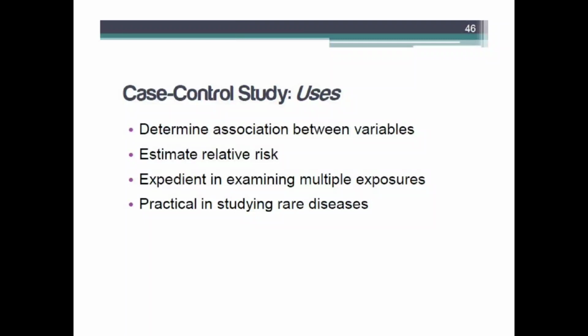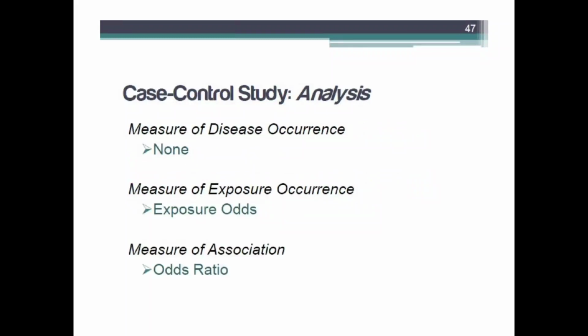So, determine the association between variables, syempre, because this is an analytic study design, and then estimate the relative risk. Then, expedient in examining multiple exposures, and practical in studying rare diseases. So, case control studies, wala siyang measures of disease occurrence. So, lahat na makikita nyo dito is bago, pero napakadali lang naman i-compute ng mga yan.